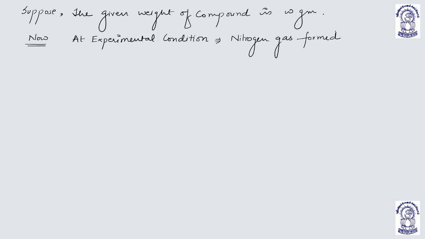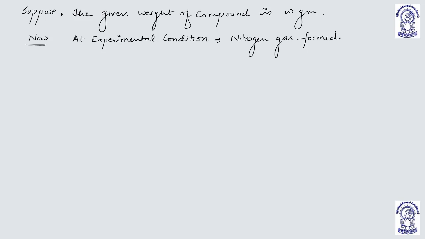I have already explained the experiment, how the organic compound combines with CuO to form its oxides. Some oxides of nitrogen will also be formed, but they will be reduced to form nitrogen gas. Now, when this nitrogen gas is formed at experimental conditions, the pressure and the temperature of that condition are to be noted down.